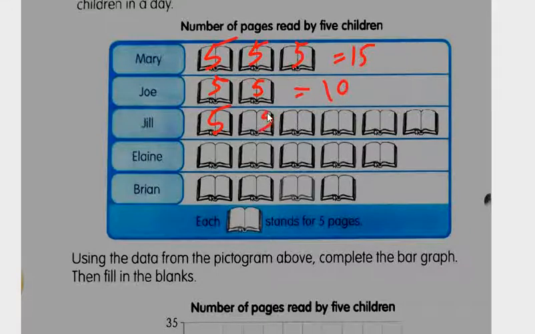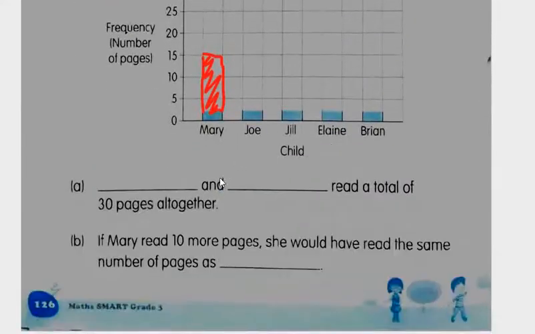What is it? 1, 2, 3, 4, 5, 6. 5 times 6 is 30. 1, 2, 3, 4, 5. 5 times 5 is 25. 1, 2, 3, 4. 5 times 4 equals 20. So which ones will make 30 if you make a total? Obviously this and this, right? Just write the names here. Who are they? Joe and Brian. So Joe and Brian read a total of 30 pages altogether.